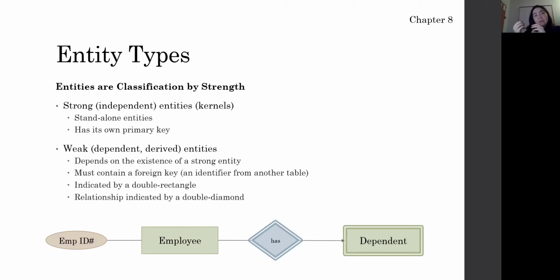It's usually combined with something like dependent's name to create a unique identifier that's kind of a compound identifier that's specifically for the dependent. So if the employee's ID number is 5273, then the dependent's ID number might be 5273-John. And that would be the identifier of the dependent named John that is associated with the employee.